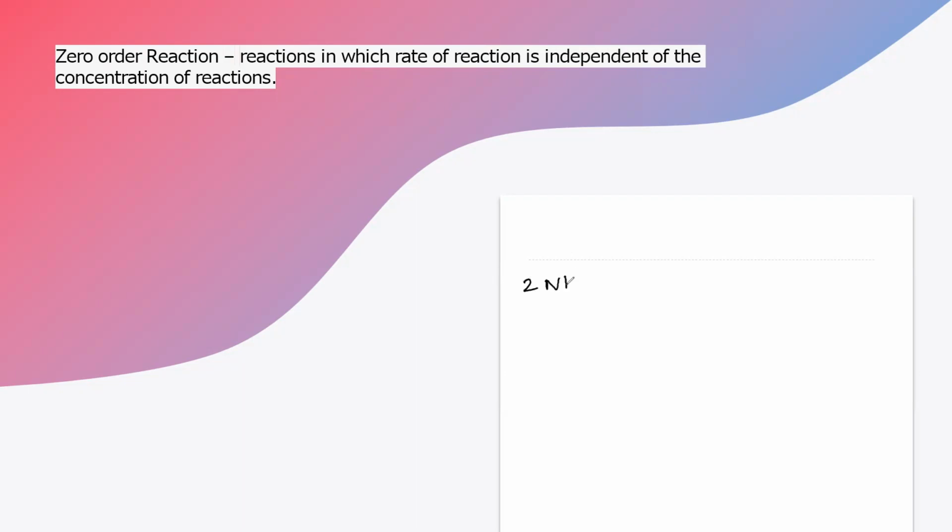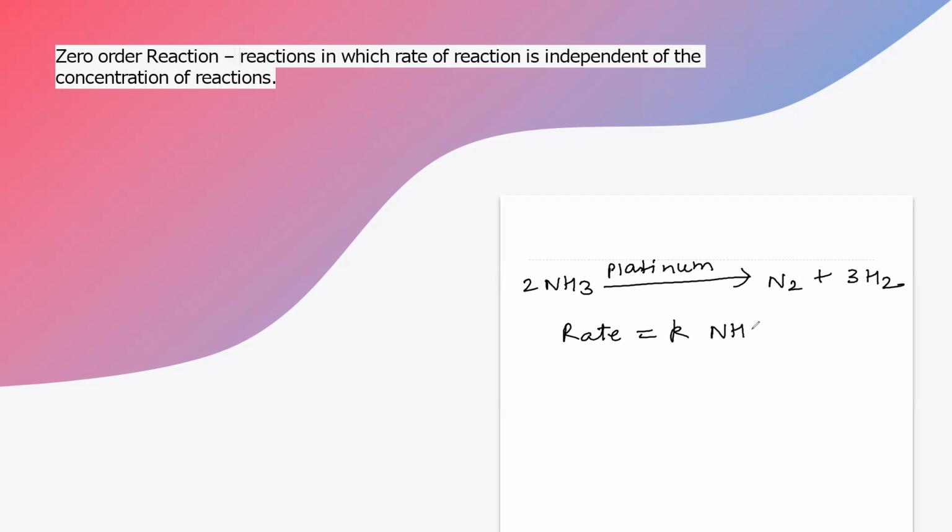So 2NH3 in the presence of a catalyst, platinum, gives N2 plus 3H2.